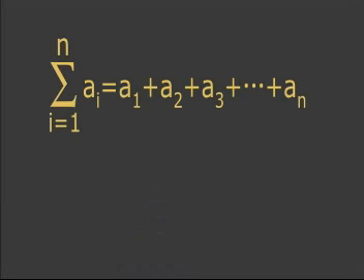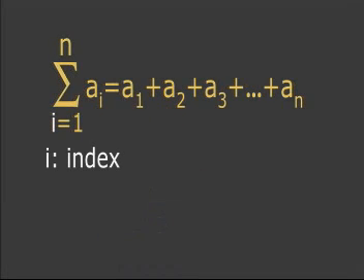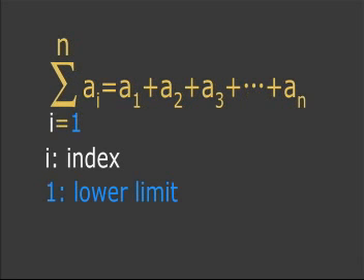In this notation, i is called the index of the summation, or simply the index. 1 is the lower limit and n is the upper limit.